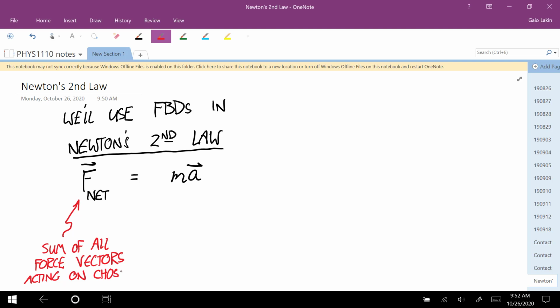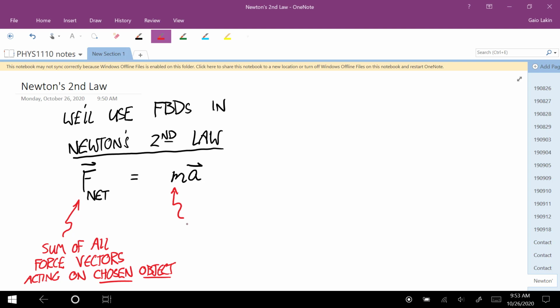And this idea of defining the chosen object is a really important thing. Remember, that was the basis of why we are doing free body diagrams too, to be very clear to ourselves about what the boundary is between the chosen object and the surroundings.